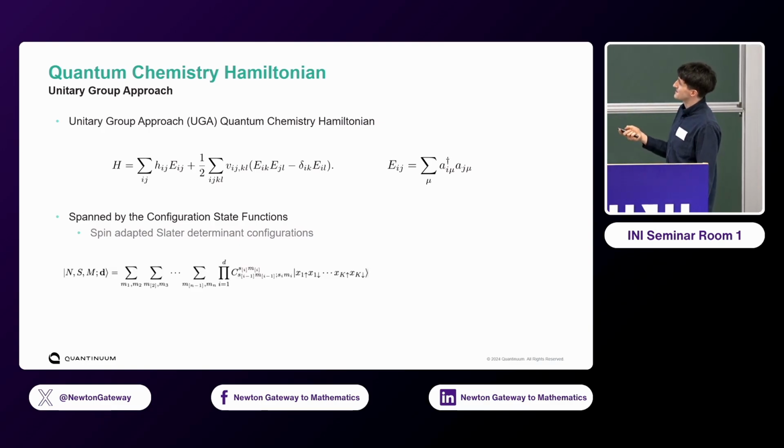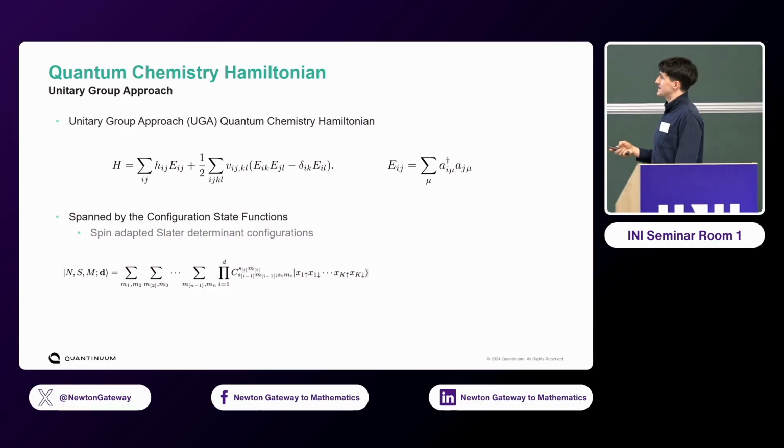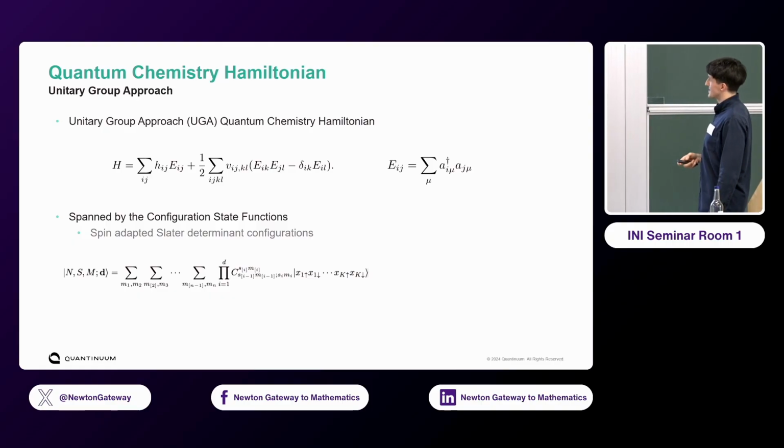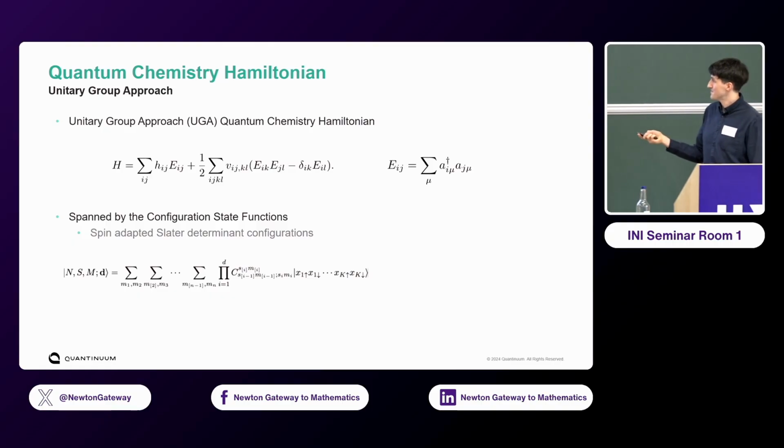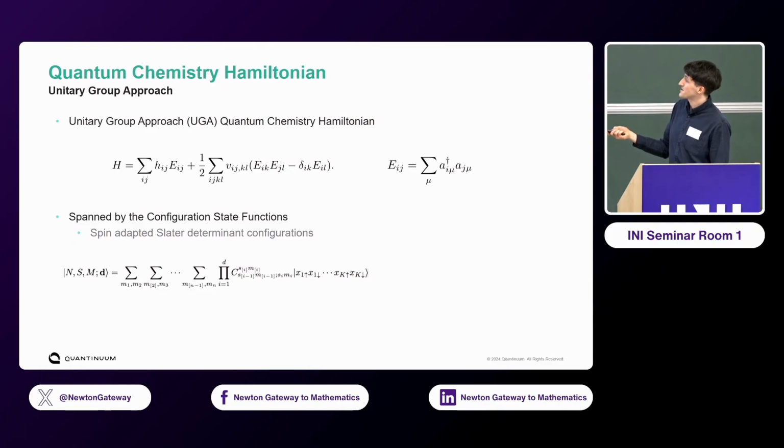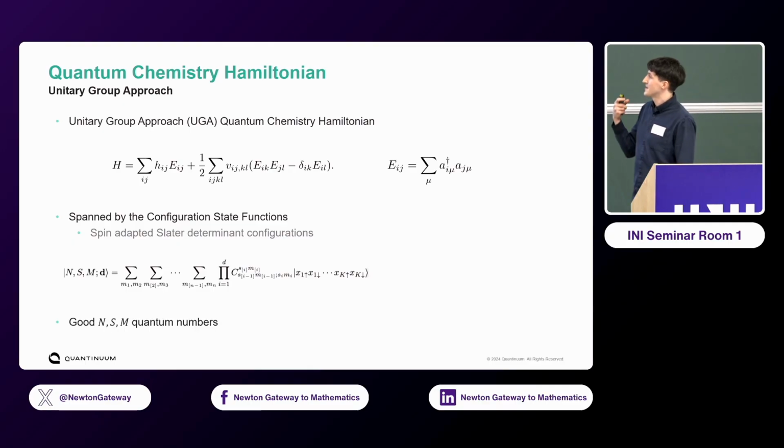And we know that this Hamiltonian is spanned by these very special spin-adapted Slater determinant configurations. So this is just an occupation of the wave function with the correct spin coupling. And the basis which spans this spin-symmetric Hamiltonian has good n, S, and M quantum numbers.